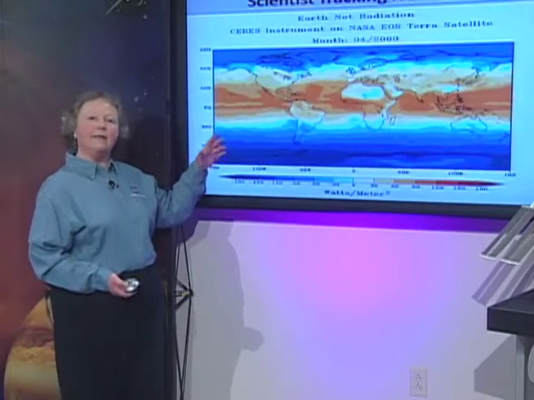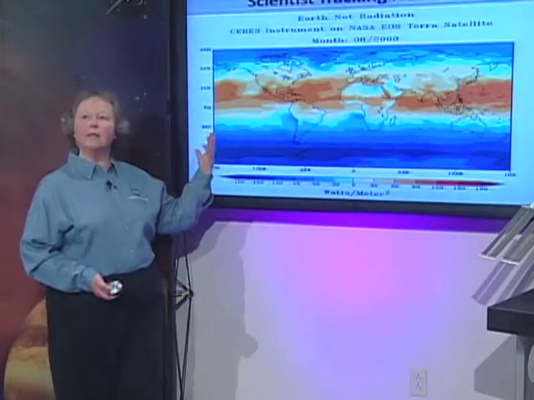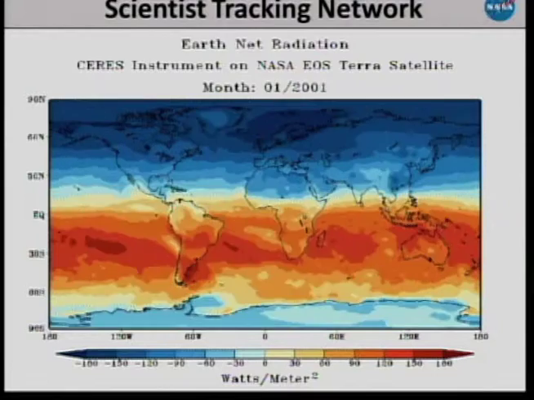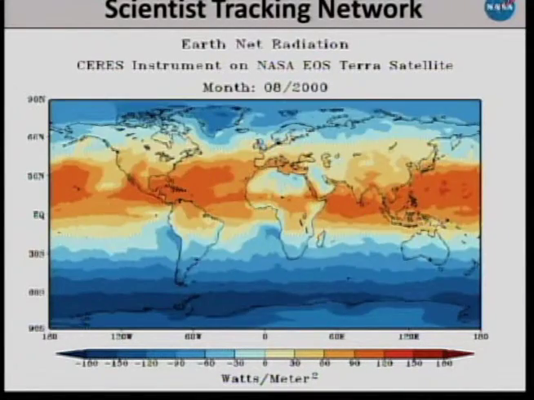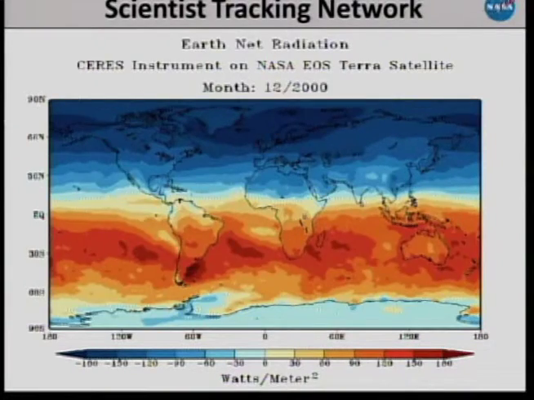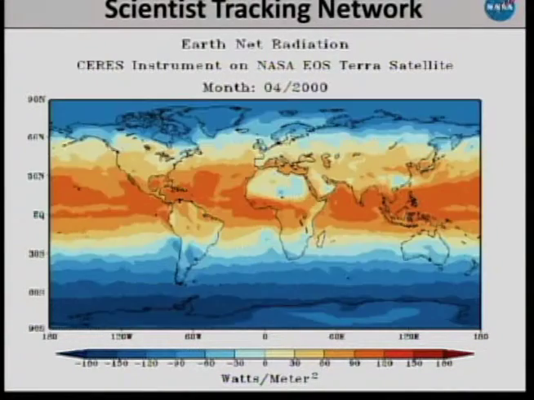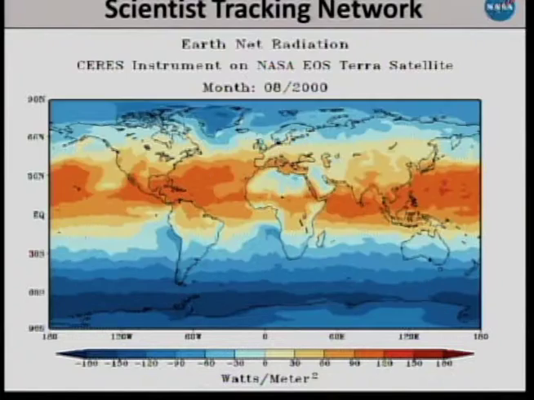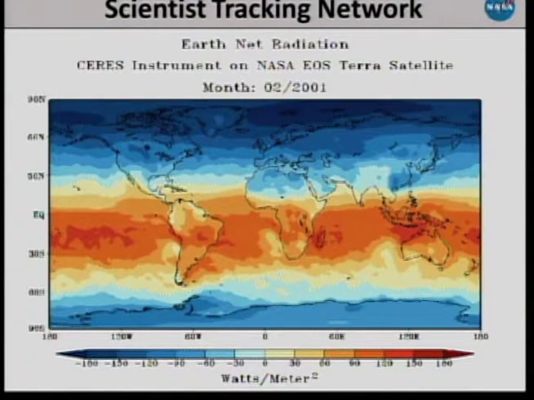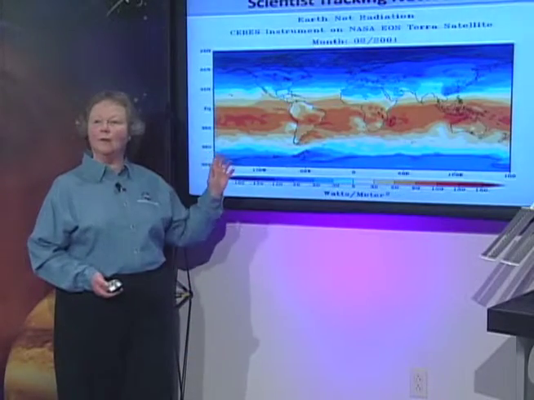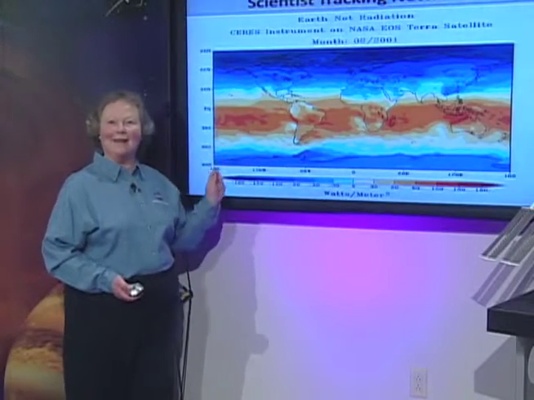In the next lesson, which I mentioned was the Scientist Tracking Network, notice that we have the animation there, and that it shows that the amount of radiation globally varies by season. So when the students go through the Scientist Tracking Network lesson, the scenario is that they're going to use NASA data as clues to find the hypothetical or mysterious missing scientist.